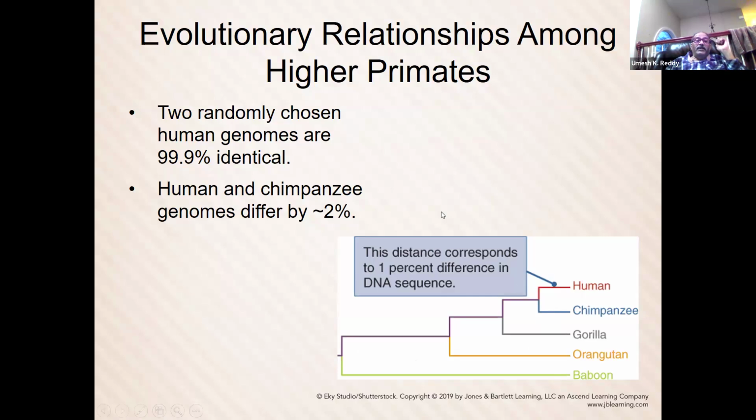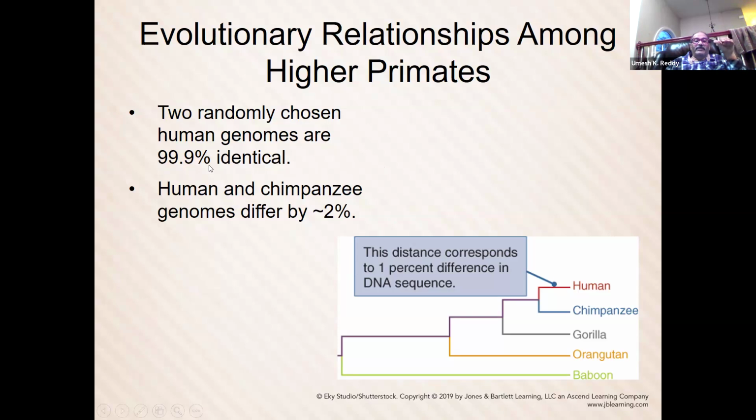And then within humans, say 1% is the difference between human and chimpanzee. Now we are 99.9% identical, all the humans. Though we look slightly different from each other, our skin may look different or our heights may be different, the way we sound is different, that is all within this 99.9%.